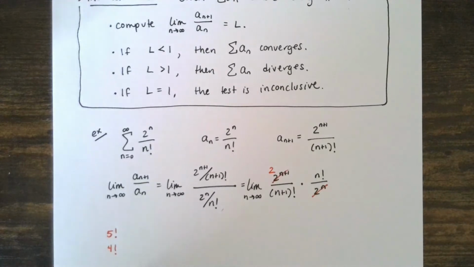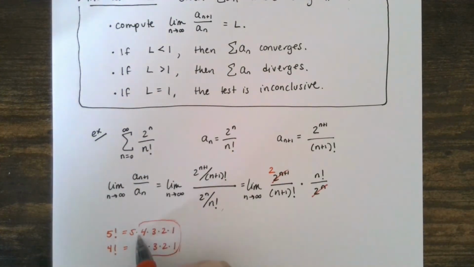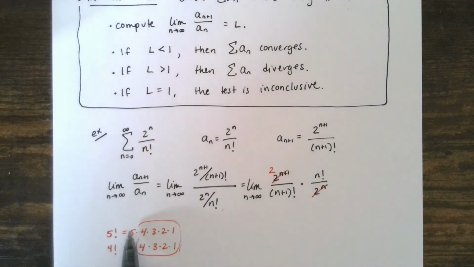So these are the two values here if n is 4. 5 factorial is 5 times 4 times 3 times 2 times 1. 4 factorial is 4 times 3 times 2 times 1. So see how they have everything in common. It's just that 5 factorial has an extra times 5. And that's the case in general anytime these are two consecutive numbers, which they would have to be.